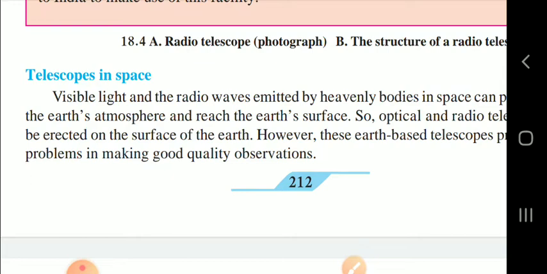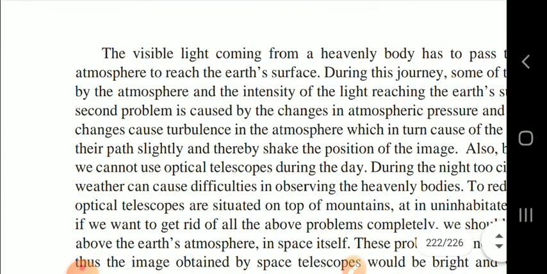The visible light coming from the heavenly bodies has to pass through the Earth's atmosphere to reach the Earth's surface. During this journey, some of the light is absorbed in the atmosphere, and the intensity of light reaching the Earth's surface also decreases.